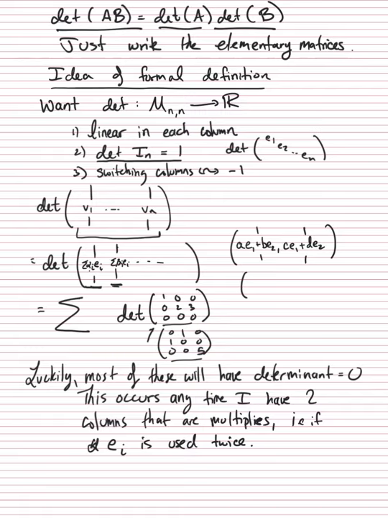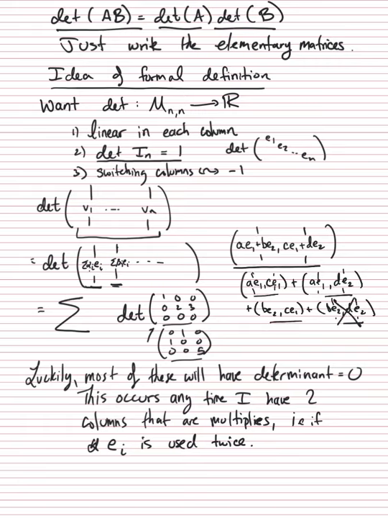And I'm getting A e1, C e1 plus A e1, D e2 as columns, plus B e2, C e1 plus B e2, D e2. So the determinant of an arbitrary 2 by 2 matrix would have to be the determinant of these four sums, but some of these are 0.